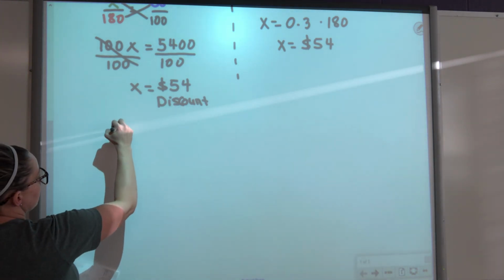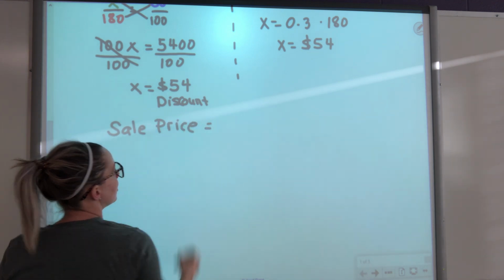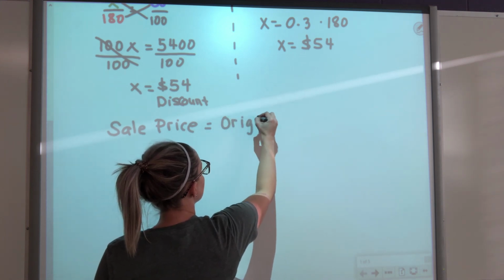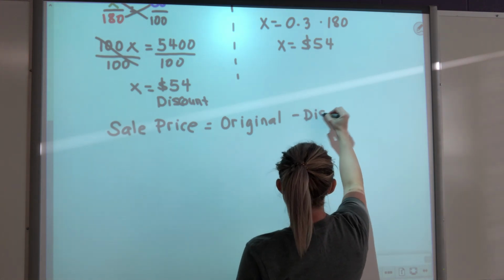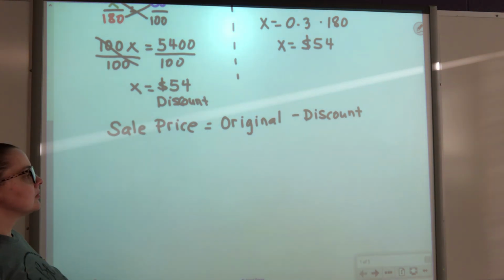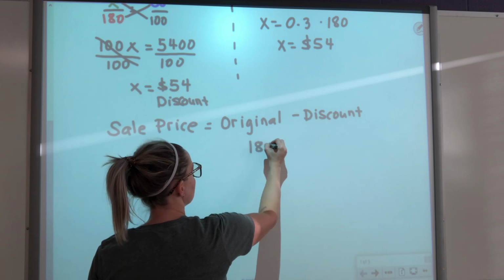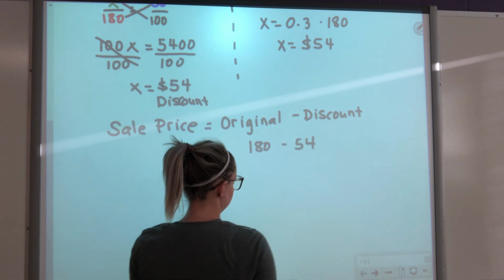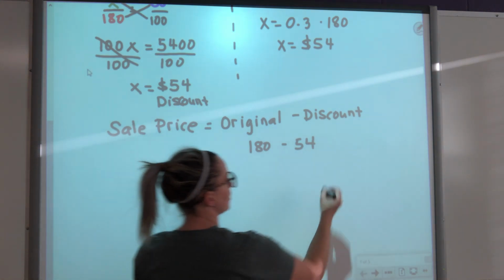So to find the sale price, we have to use subtraction. We have to take our original and subtract the discount. So if our original is $180, then we subtract our discount of $54. We get a sale price of $126.